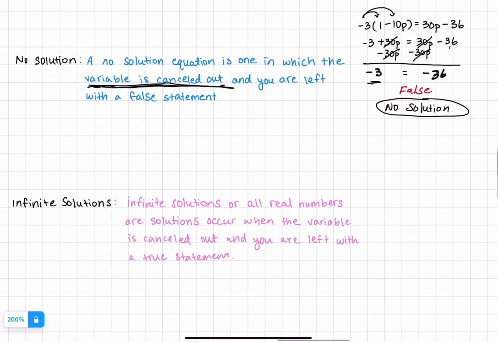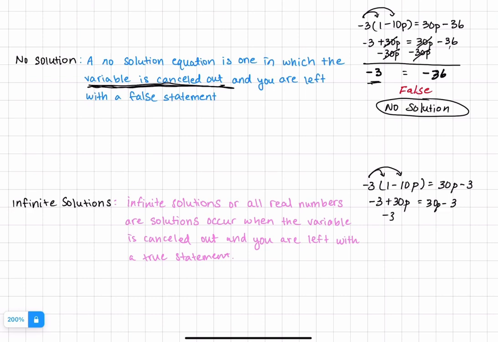So what about infinite solutions? Let's look at an example for this. Let's say it was -3 times 1 minus 10p equals 30p minus 3. Again, distribute the -3. So -3 plus 30p equals 30p minus 3.